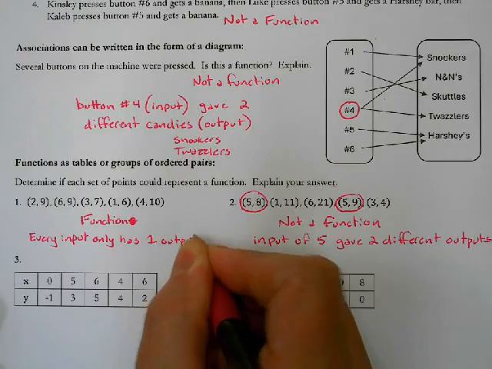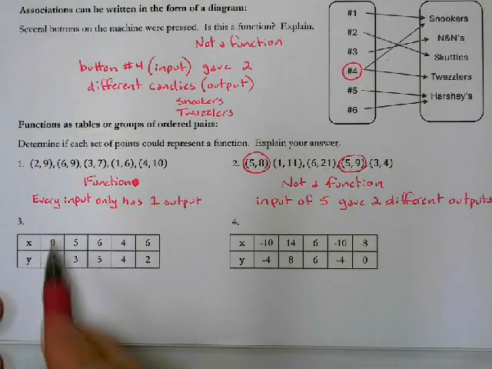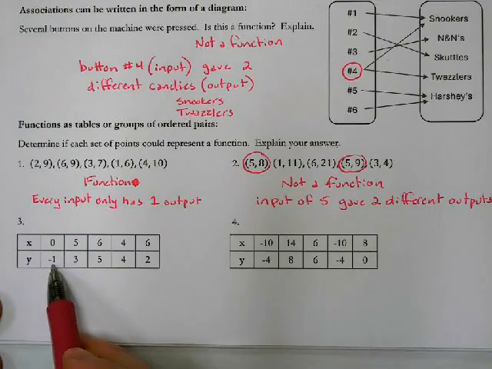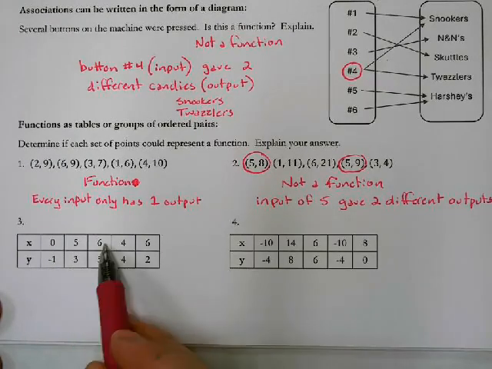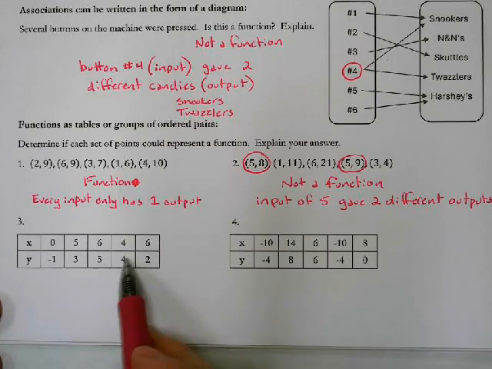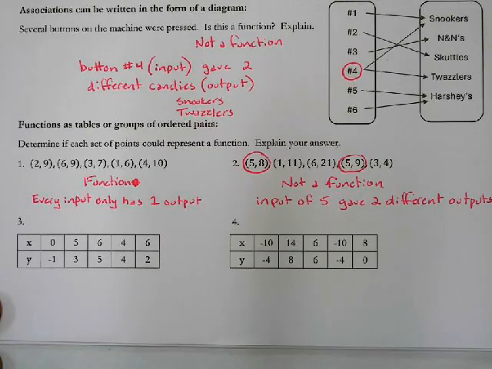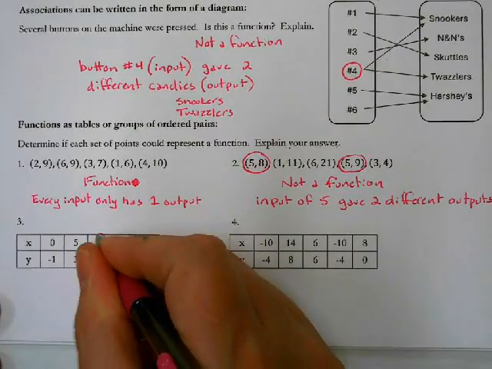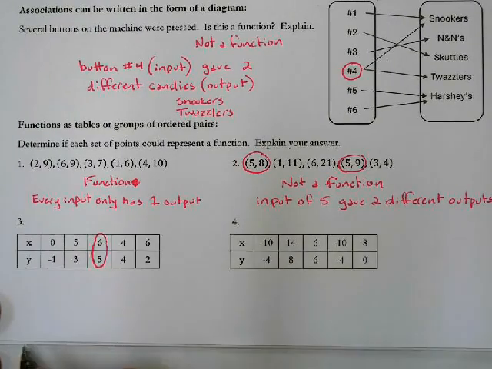All right, here we go. Next one, number 3. Input 0, output -1. Input 5, output 3. Input 6, 5. 4, 4. 6, 2. All right, so do we have any problems with anything there? Yes, we do. Input of 6 gives me 5. Input of 6 gives output 2.